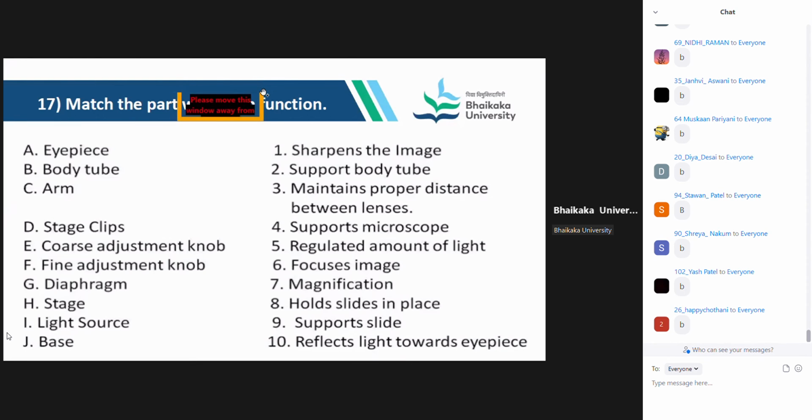So what will be the correct match? You can answer, for example, A for eyepiece, and which number is the function of the eyepiece? Who will answer?